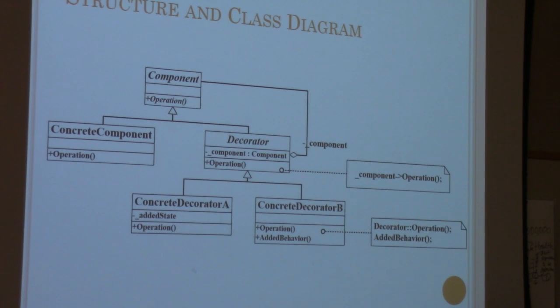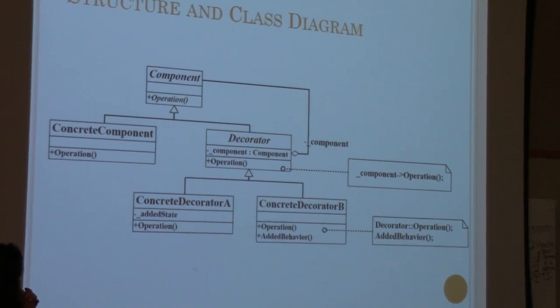So here is your structure and class diagram. On top there is the component, and then you have the concrete component. This is a little bit more involved as far as the implementation is concerned. It is kind of together, so to say.